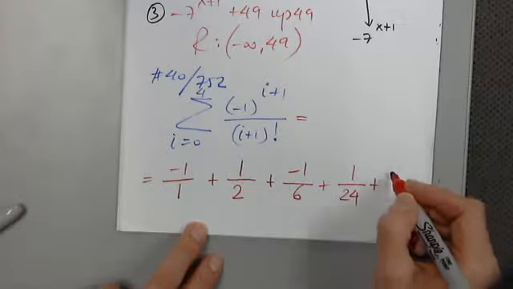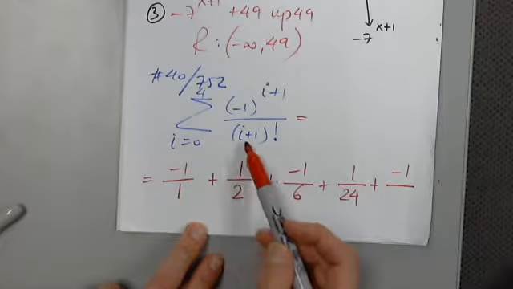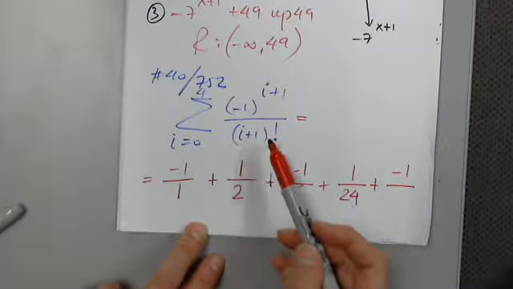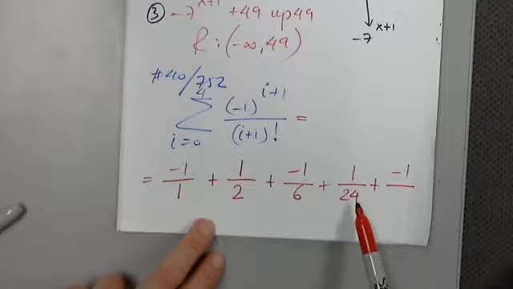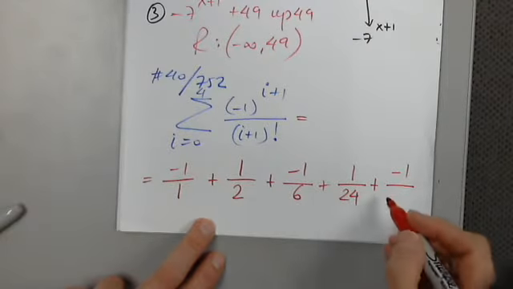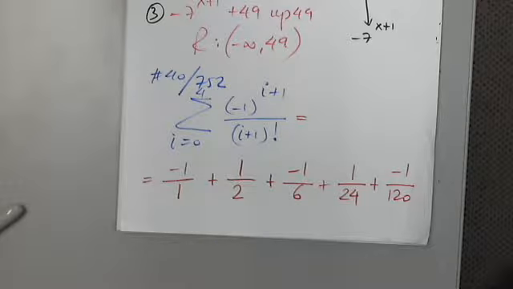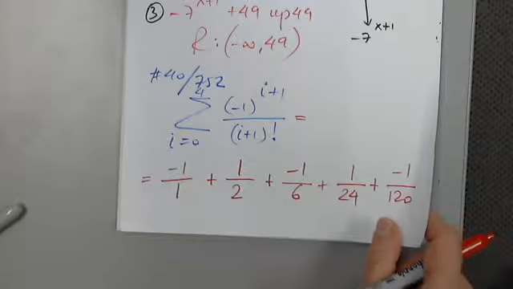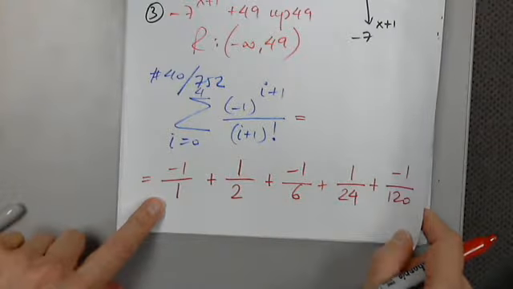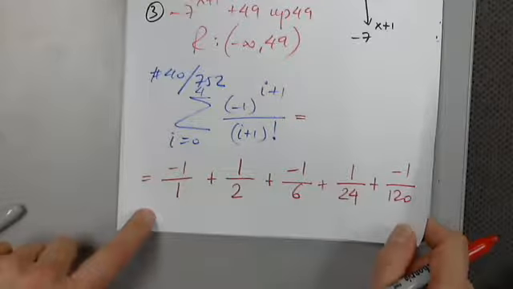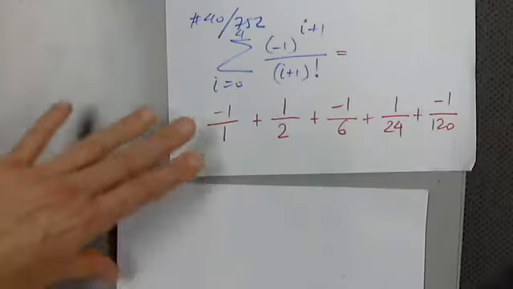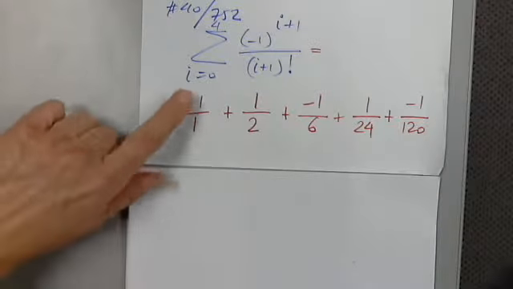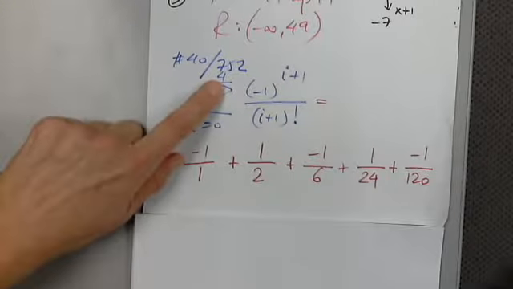Negative 1 to the fifth is negative 1. 4 plus 1 is 5. 5 factorial is 24 times 5, 120. Very good. And we have to add them up. So we listed all 5 terms. Any questions on this? Is it clear? Okay. Just substitute, yes, from 0 till 4.